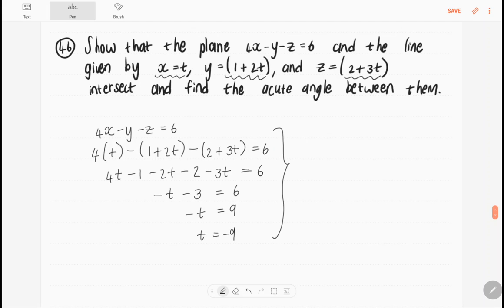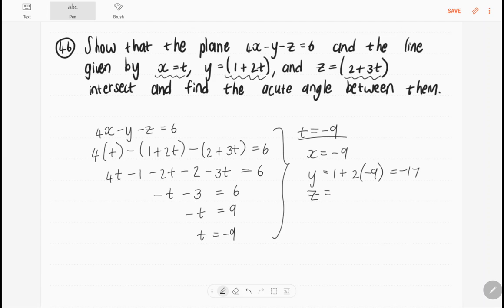This means that the point where they intersect is when t equals minus 9 in the parametric equations of the line. So that means that x is going to equal minus 9, y is going to equal 1 plus 2 times minus 9, which is minus 17.